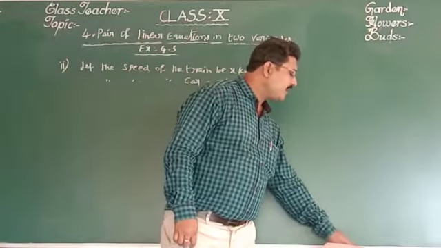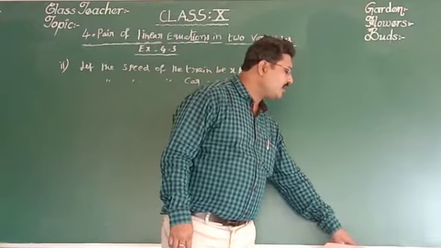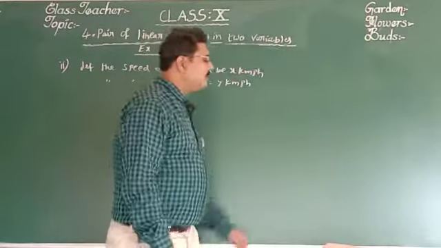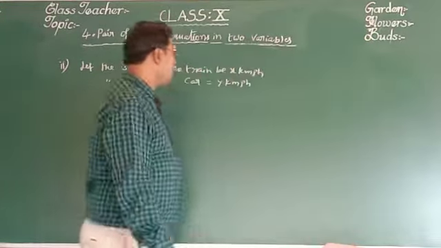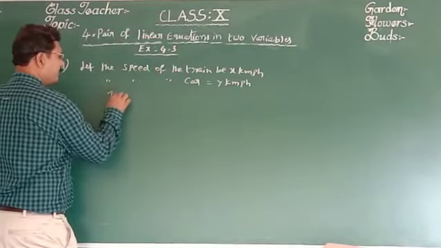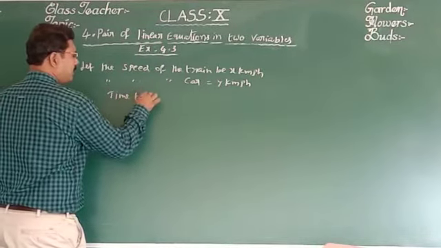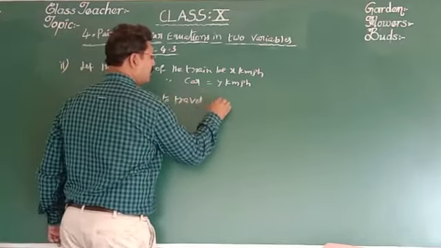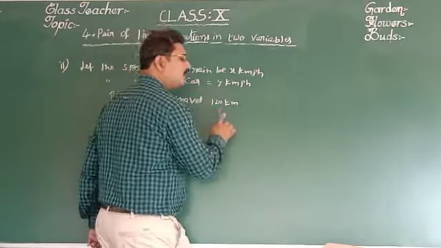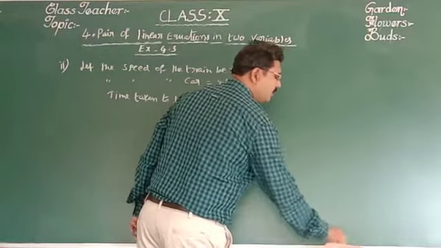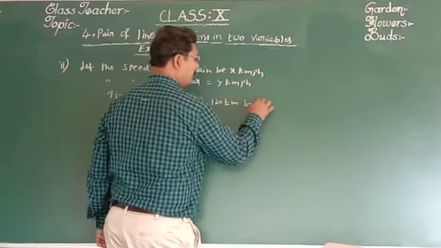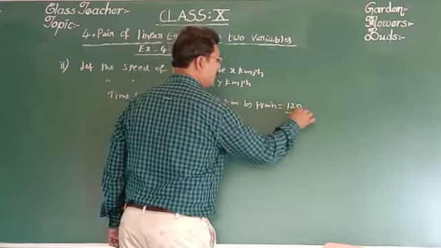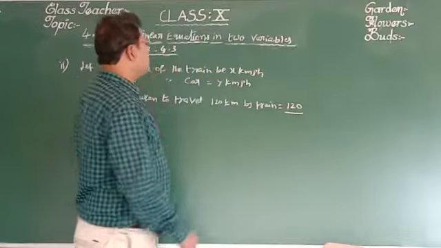Next, see that after that, the time taken to travel 120 kilometers by train. Time taken to travel the first 120 kilometers by train is equal to distance by speed.